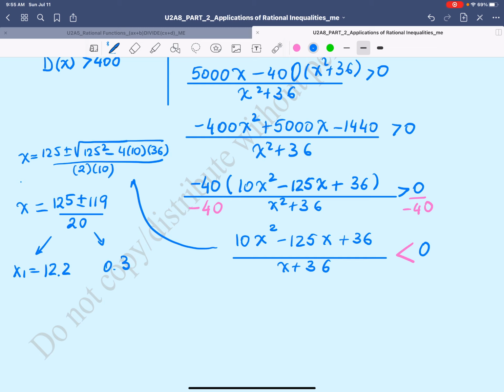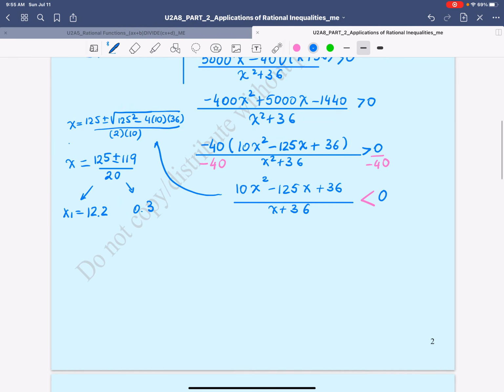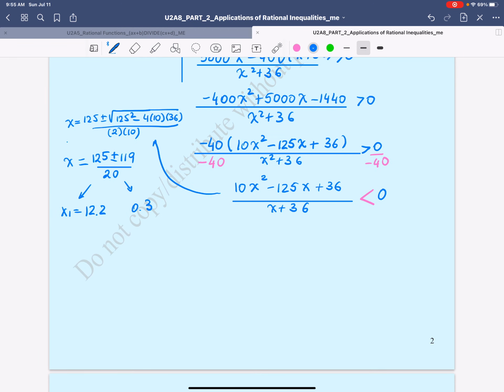So let's take a look at the chart. When we talk about the distance from the center, the distance has to be bigger than or equal to 0.